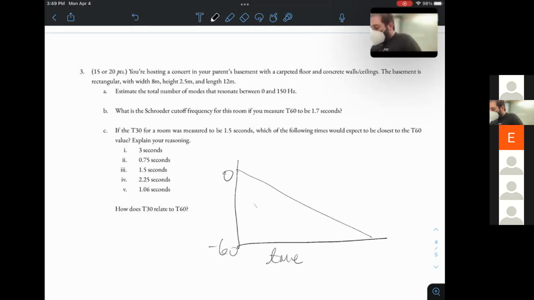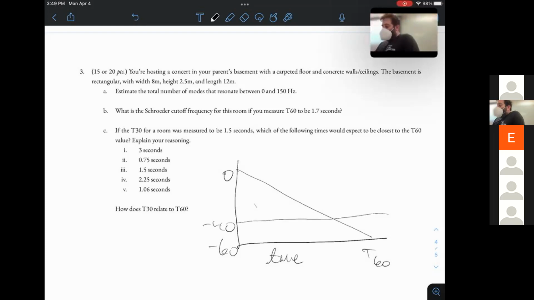I have a T60 value here, right? You okay with that? I've excited it at 0 dB relative to that -60. It's dropping off. It's exponential, but I put it in decibels, right? So it became linear. And I have a time for T60, right? But let's say my noise floor is here. Here's my noise, -40.